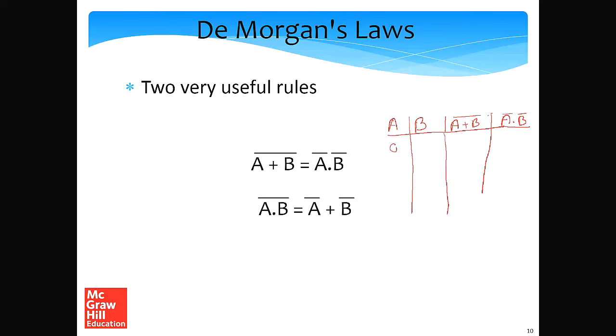Let's consider all possible values. So 0 and 0, A or B, when both are 0, this is 0, so complement of 0 is equal to 1. So A complement is 1, B complement is 1, so 1 and 1 is equal to 1. So both of them match, which is fantastic.